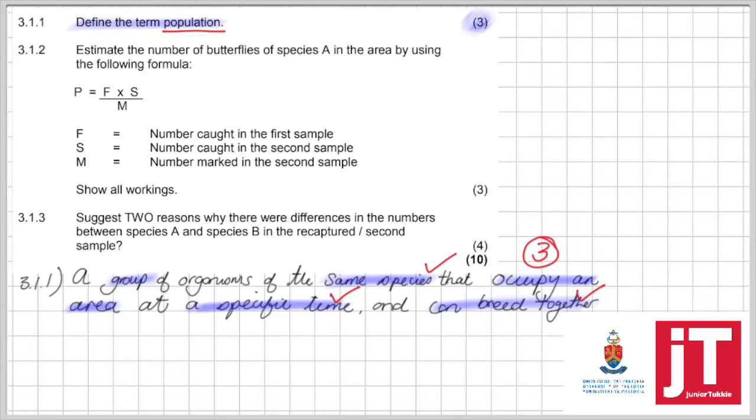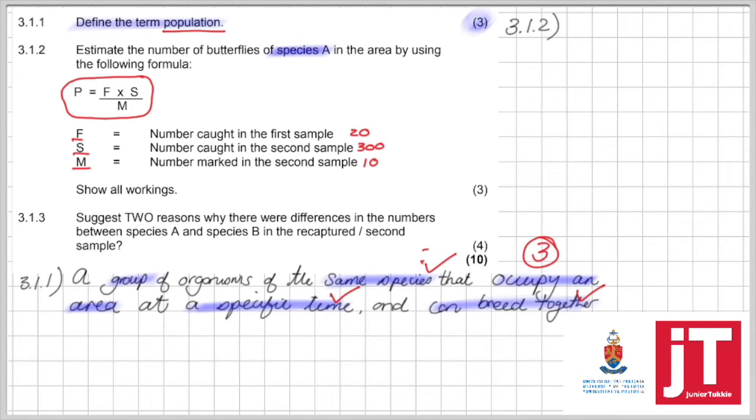If we look at question 3.1.2, it says estimate the number of butterflies of species A in the area by using the following formula. So they're giving us the formula now, and we're only working with species A. Using the formula that they have given us, we need to do our calculation.